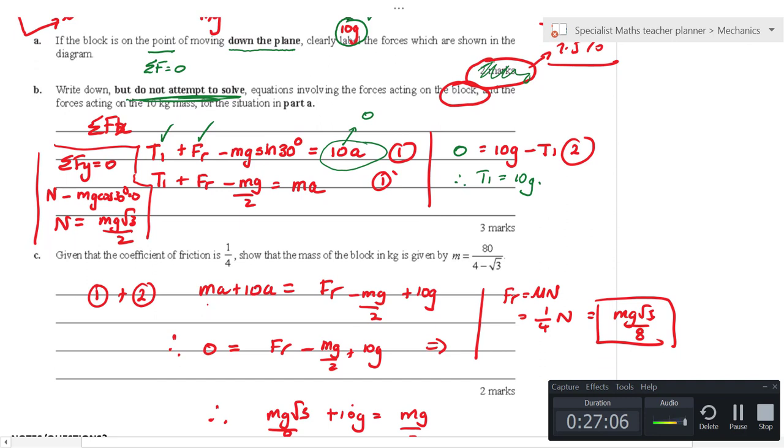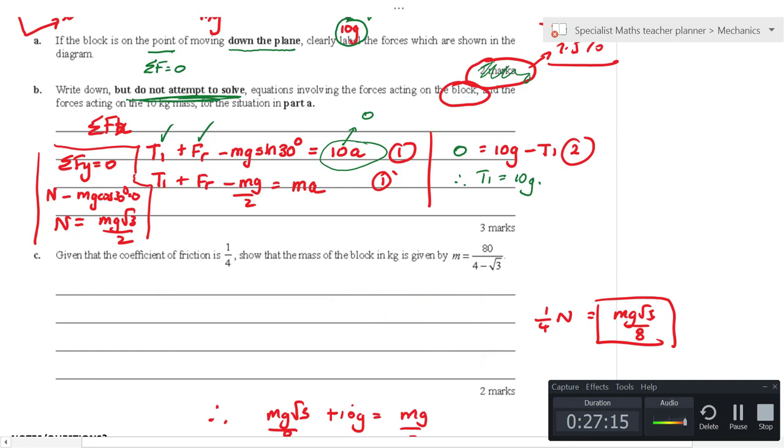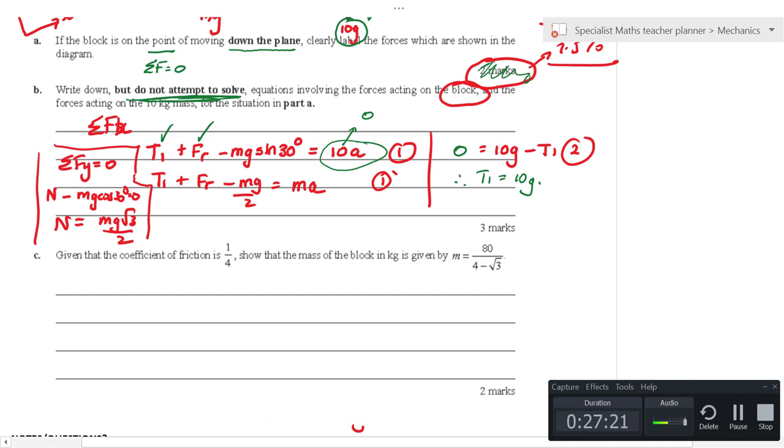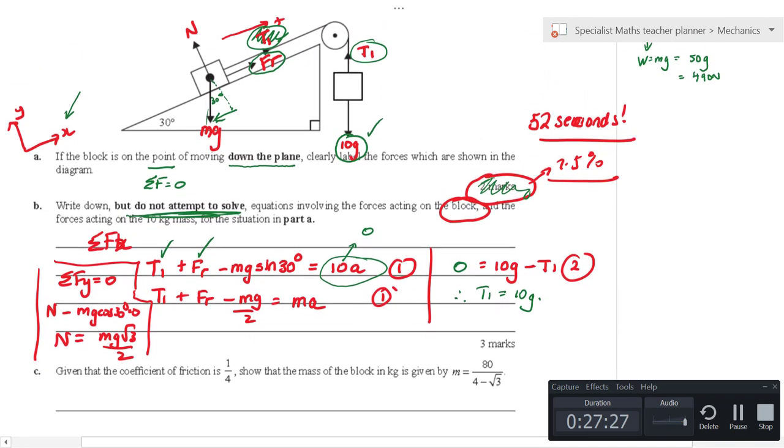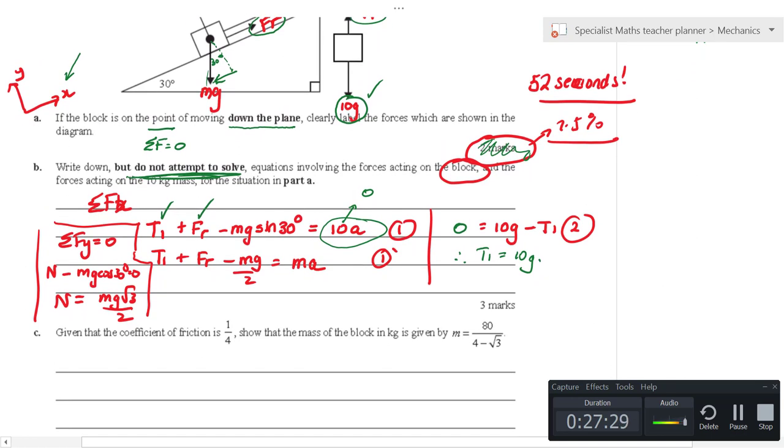Now, just quickly, I'm going to rub this out, because I was doing this really fast before, and I'm going to do it from scratch. Now, we almost got there. So from the first one, we just worked out that T1 is equal to 10g. Now, I've got this is correct, but this is equal to 0.